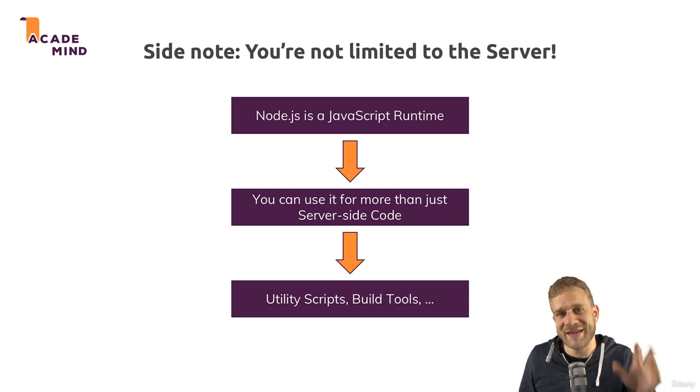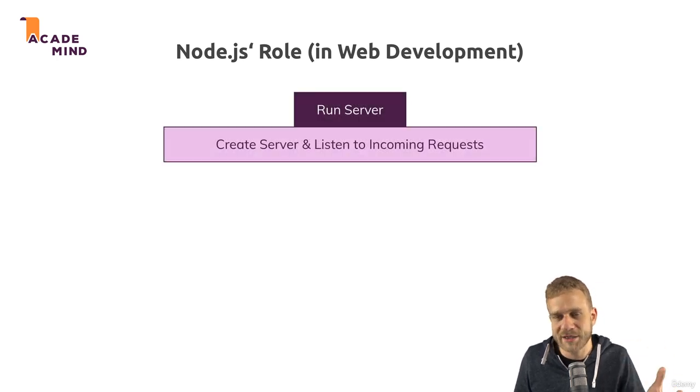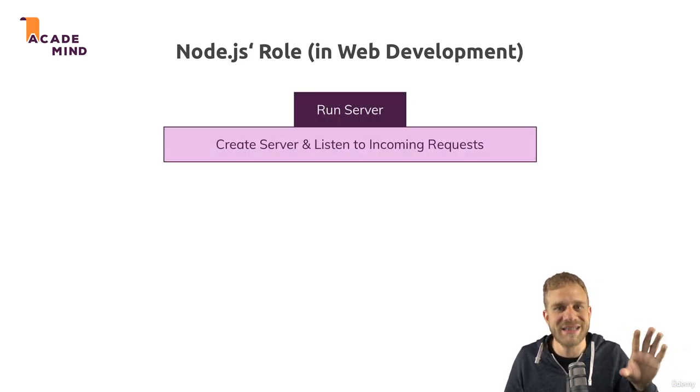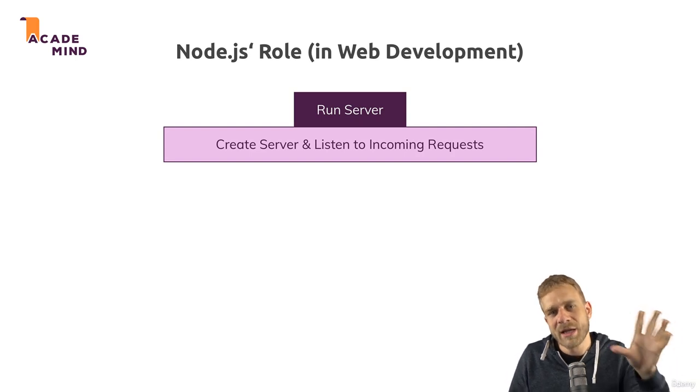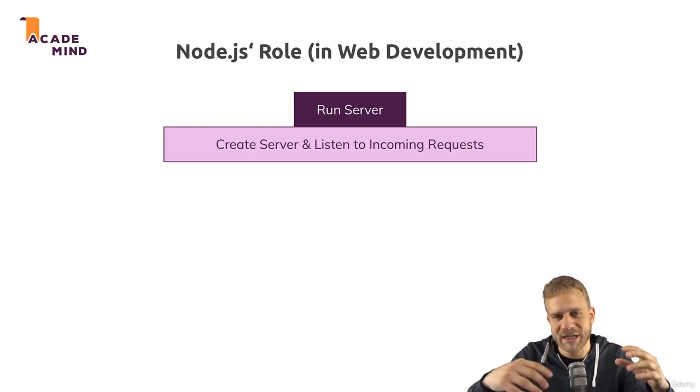In general, and that is the most popular thing you do with Node.js though, you use it in the context of web development and server-side code. So you use it to run a server, and actually, and that is an important difference to PHP, for example, with Node.js, you don't just write the code that is running on your server, you also write the server yourself.